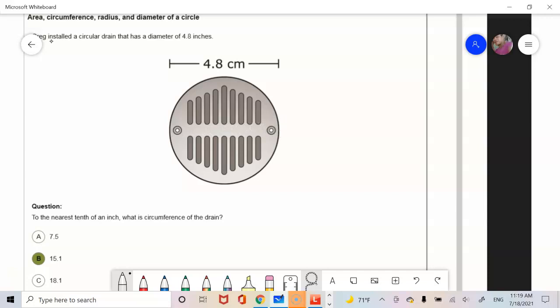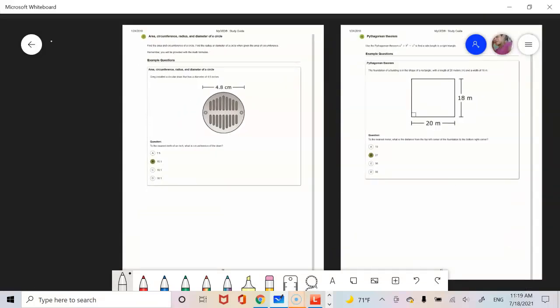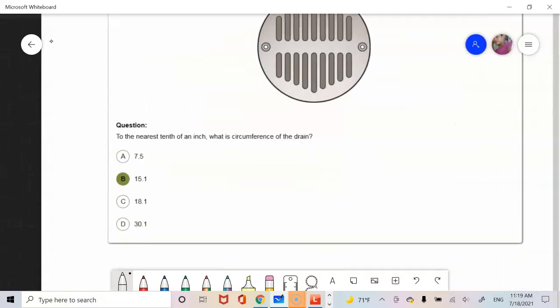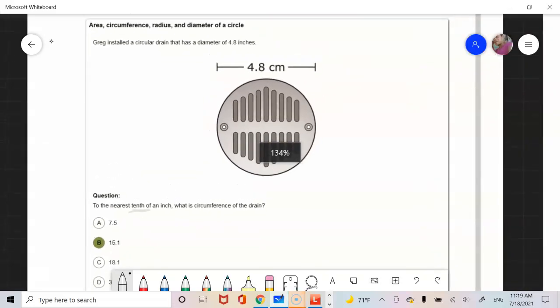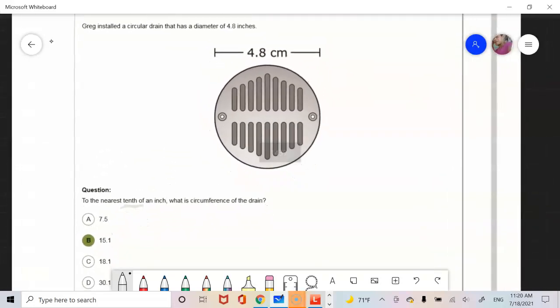So the diameter of a circumference is the distance across the circumference, okay? The question says, to the nearest tenth, and I want to highlight this one here because it says to the nearest tenth, okay? So we need to find the tenth of an inch. What is the circumference of the drain? And then we have 4 options and we will see which is the right option, okay?